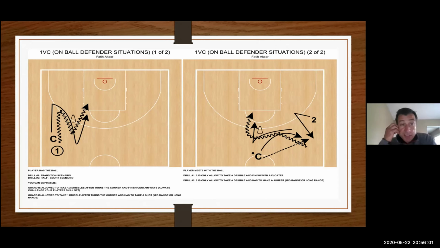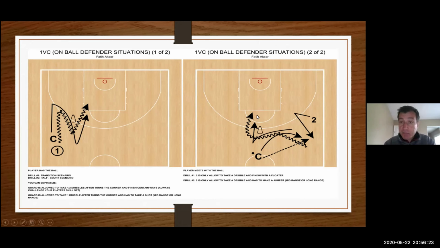You can easily put some rules. For example, the guard is only allowed to take 1 or 2 dribbles after turning the corner and finish certain ways. Or for example, the guard is allowed to take 1 dribble after turning the corner and has to take a shot, mid-range or long shot, with a different footwork: outside in, inside out, or 2-foot stops.